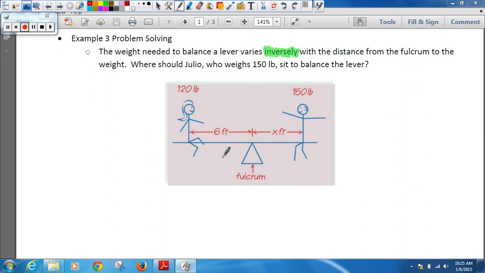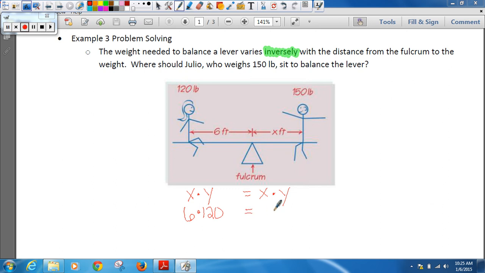Well, if we look here, we would need to have the x times y be equal to each other on each side, so that we know that the constant would be the same. My x and my y here are 6 times 120.